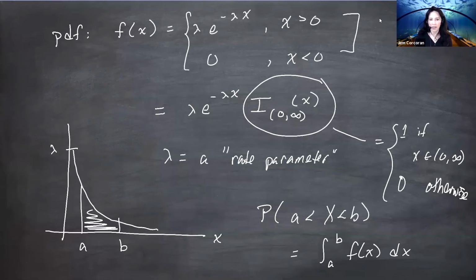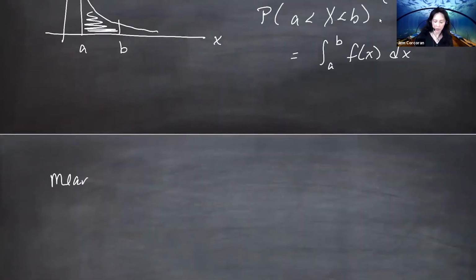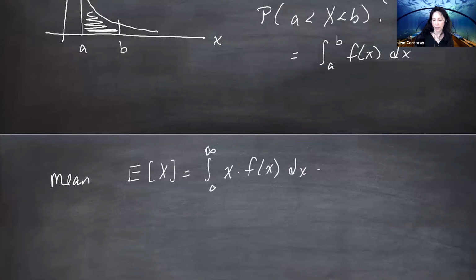And the mean of this distribution, the expected value, is the integral over the whole space of x times the PDF. This is the integral over the whole space of x times lambda e to the minus lambda x dx.